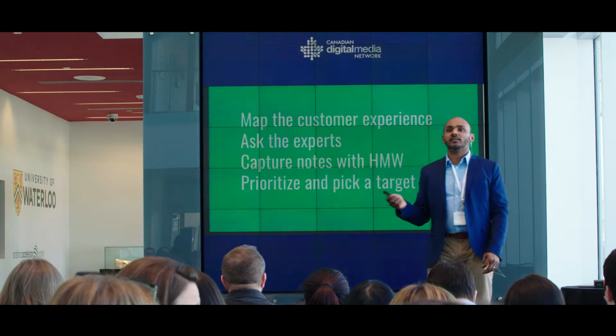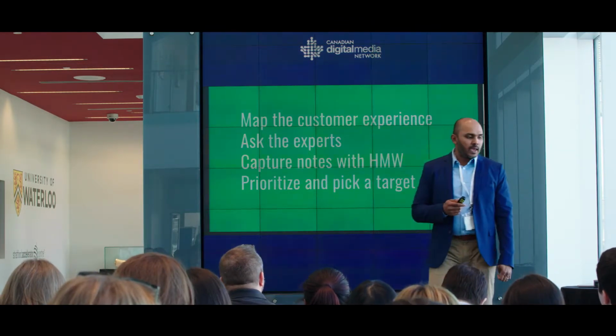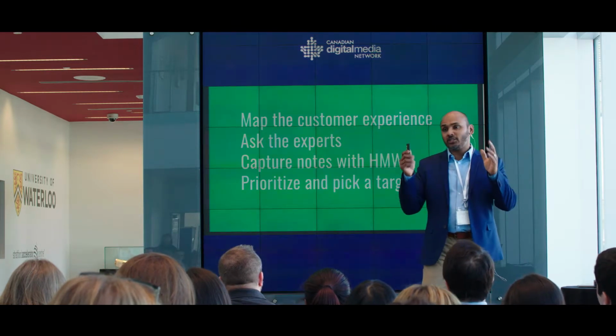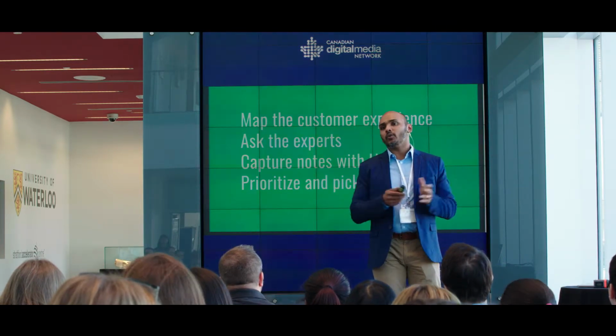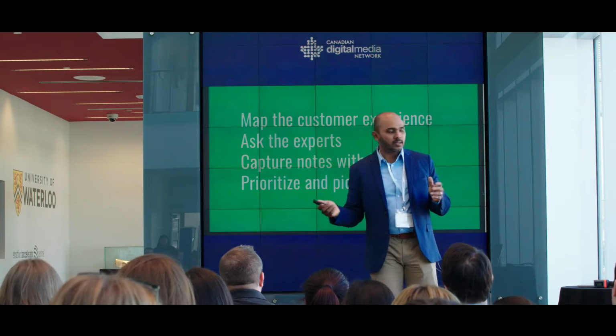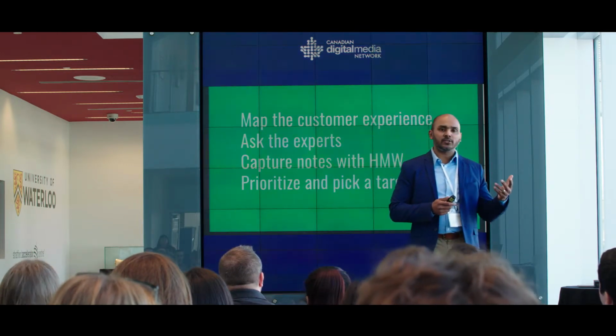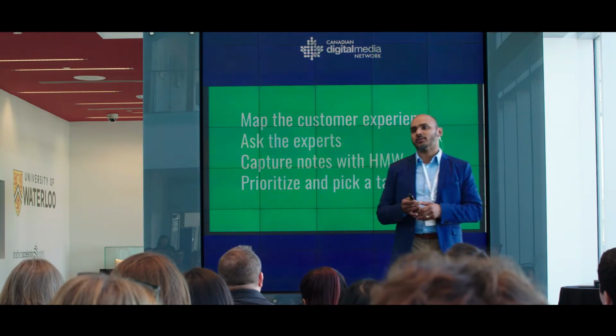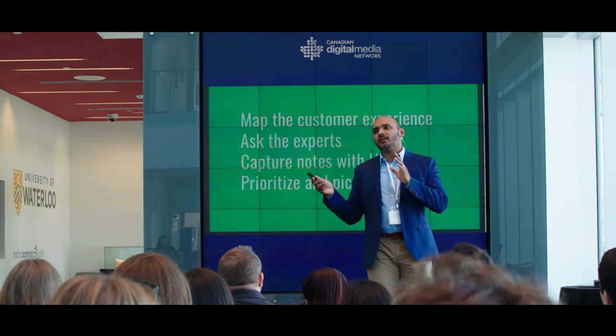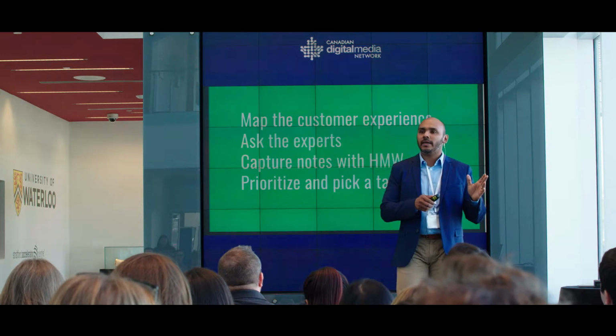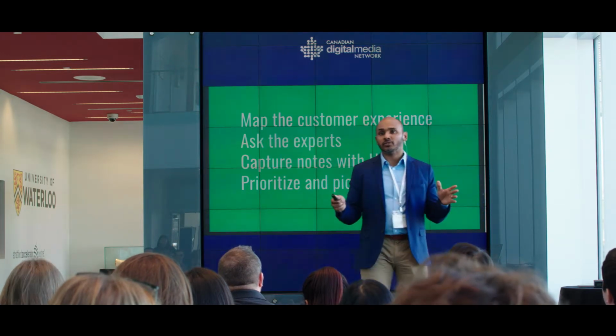You do these things on the mapping day, and it's very, very structured, which is different from how you might otherwise do an activity like this. You start with mapping the customer experience, and then you do an activity called asking the experts. A sprint is not a replacement for user research.